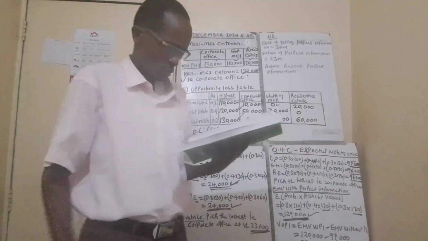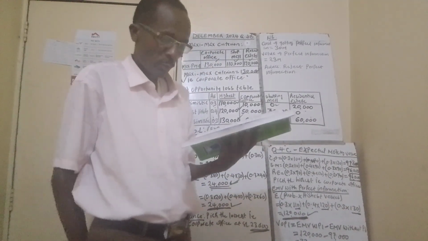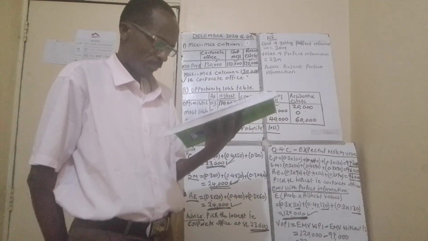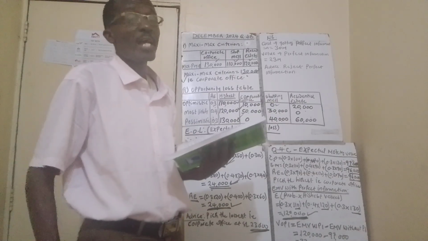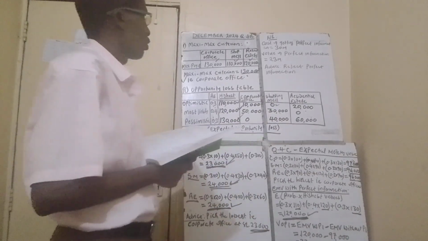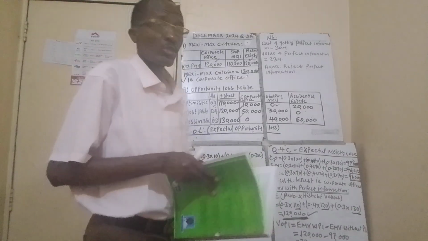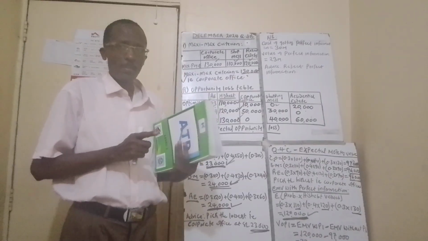This is the point you should note here: that 30 million is the cost of getting perfect information.